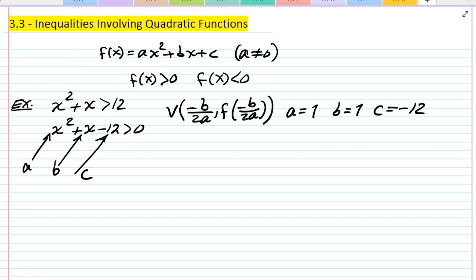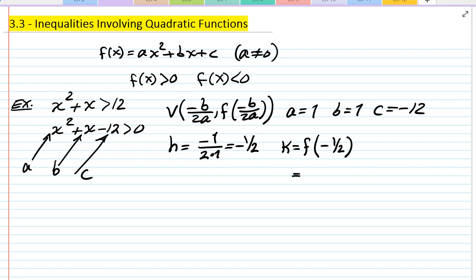Good. Now that I have that, I can determine the vertex. The h component of the vertex is going to be negative b divided by 2 times a, or simply negative 1/2. To find k, the y component of the vertex, we usually do f at h, right? In this case, f at negative 1/2.